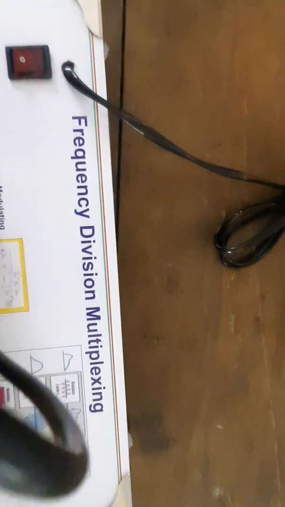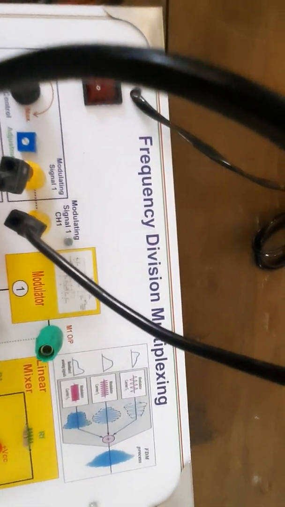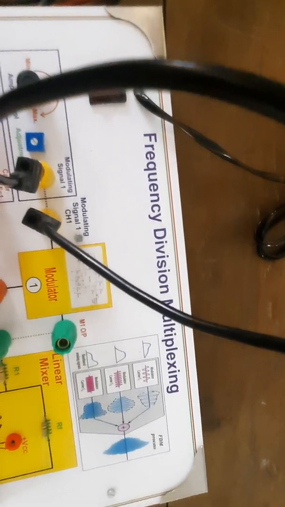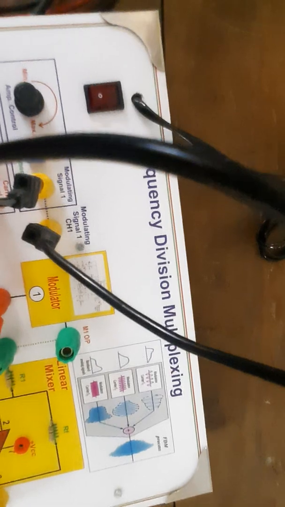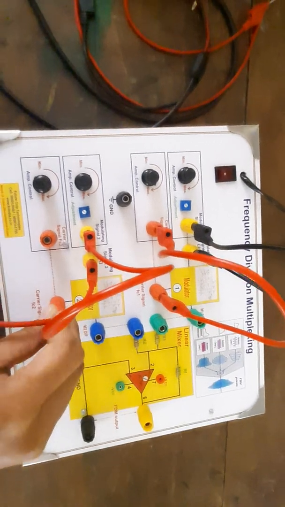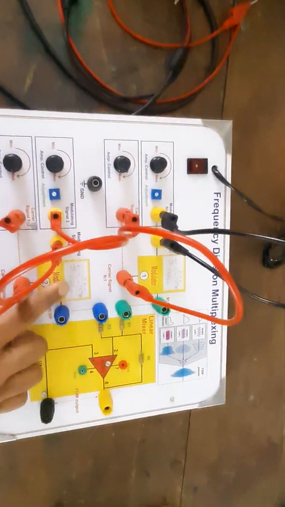Modulator circuit. See, what does the modulator circuit consist of? It is an MC1408. This is a modulator circuit. Here one more carrier signal is added at modulator 2.